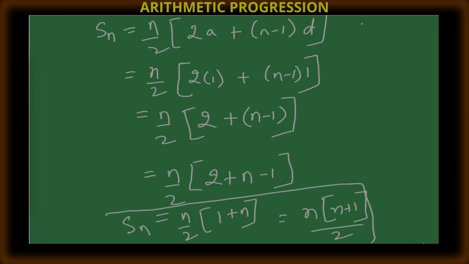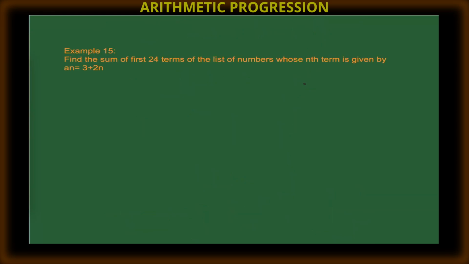Okay, so let's move to the next question. Okay students, let's read this example. What is it trying to say here? Find the sum of the first 24 terms of the list of numbers whose nth term is given by. The question is asking for the sum, which is nothing but S of 24.